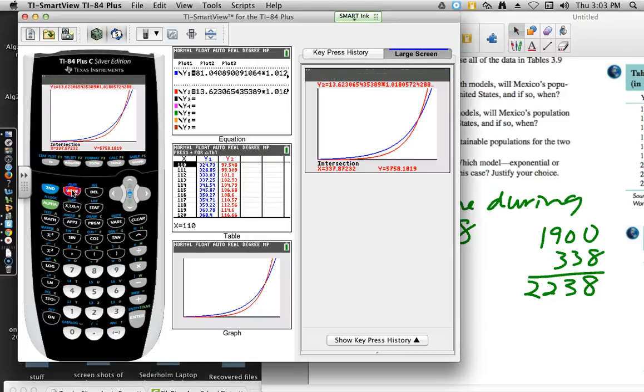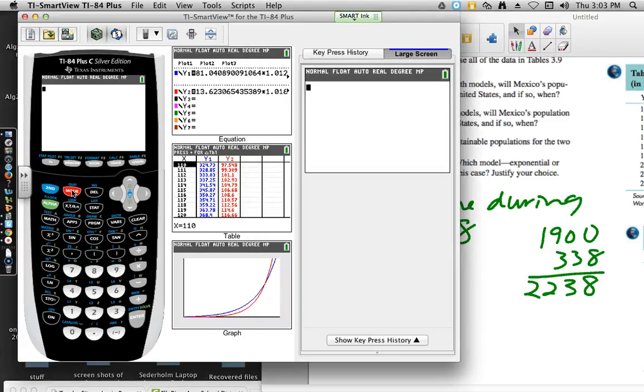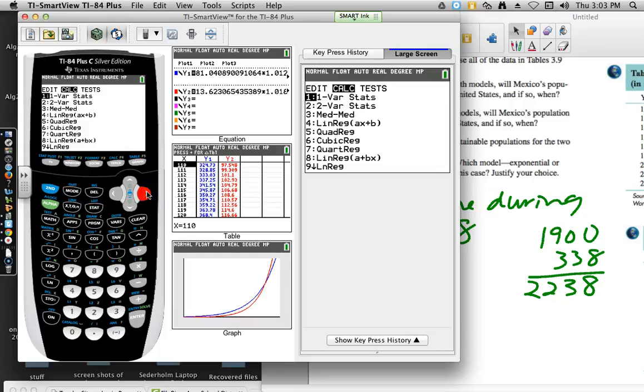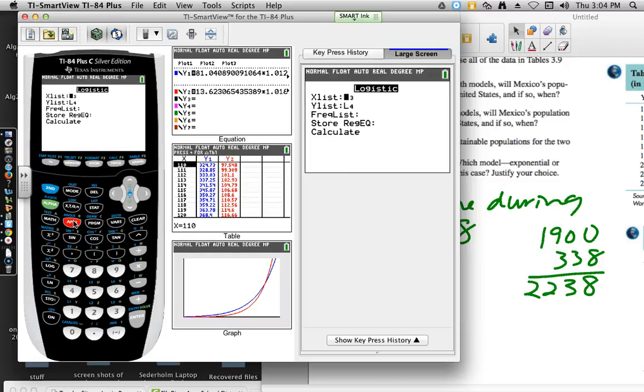Second, quit, and then we would have stats, calculate, and remember logistical regression is that capital letter B. So alpha, apps. And I'm going to go ahead and do the United States first again. So I'm going to do second, list 1, second, list 2. And I am going to store that because if they do intersect, we want to see that.